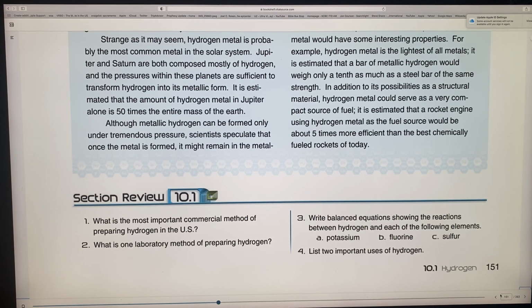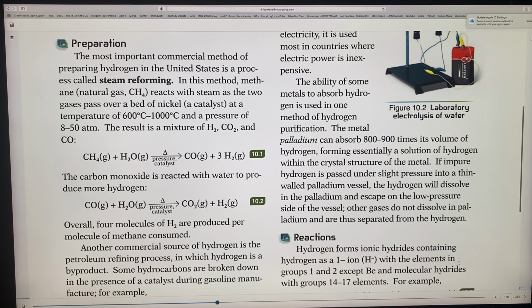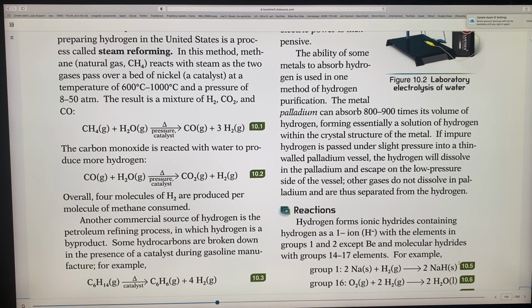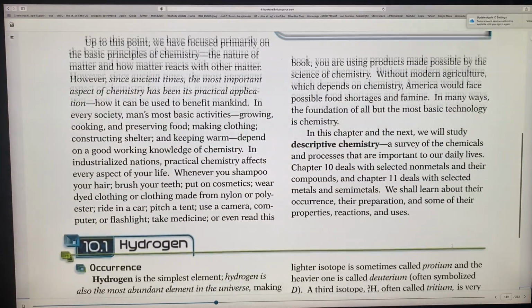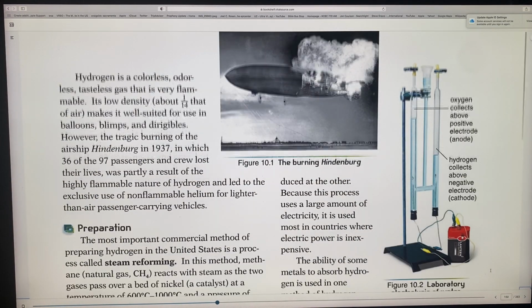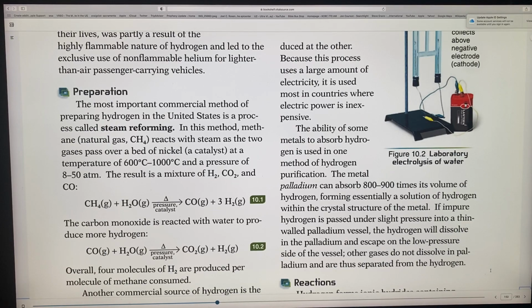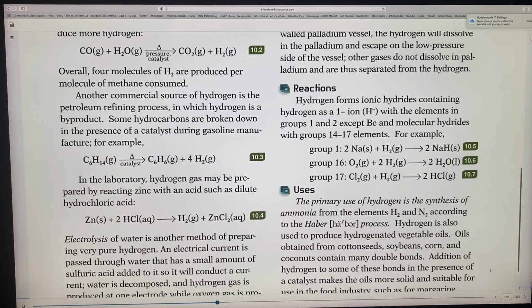So let's go back to this potassium, fluorine and sulfur. Let's go back to that and see if I can show you how easy this is. You'd basically go back to the equation where they put hydrogen together with sodium. Oh, here it is.